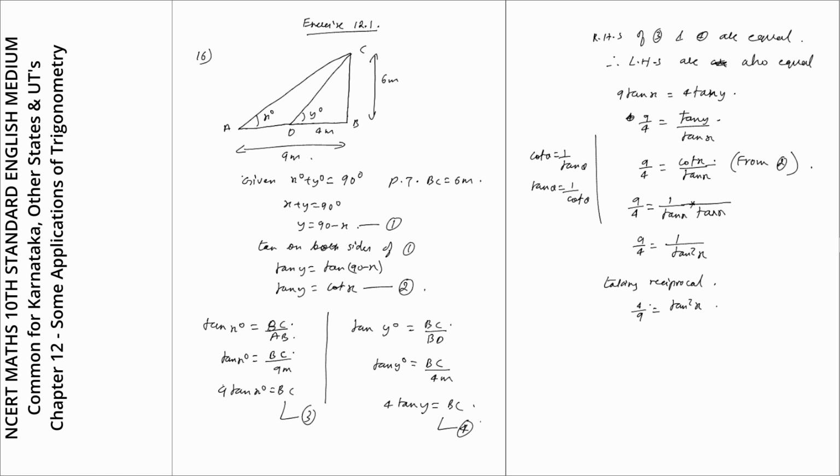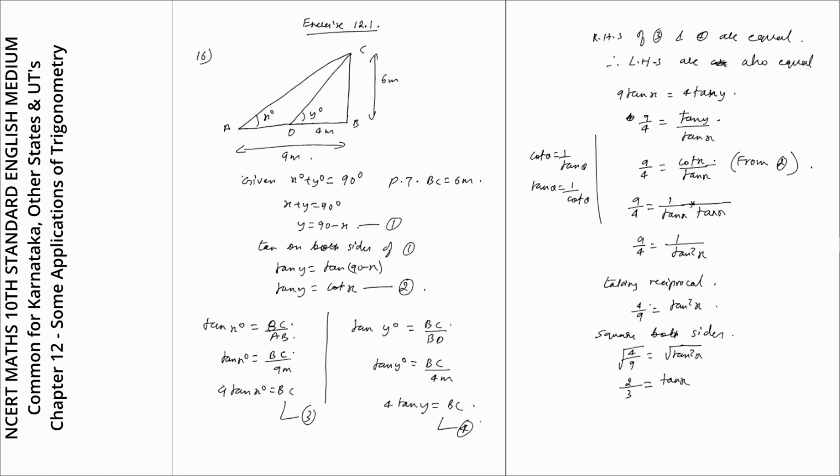So to remove that, I'll take the square root of both sides. I'll get square root of 4 by 9 is equal to square root of tan square x. So square root of 4 is 2, square root of 9 is 3. And square root of tan square x is tan x only.